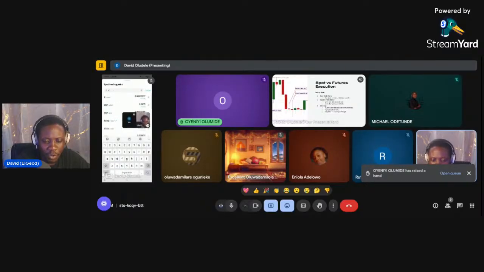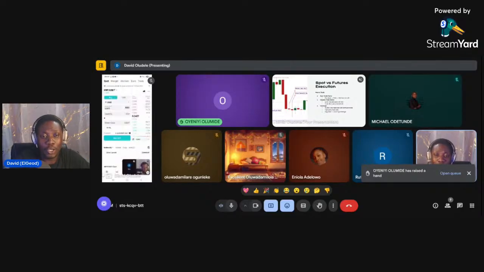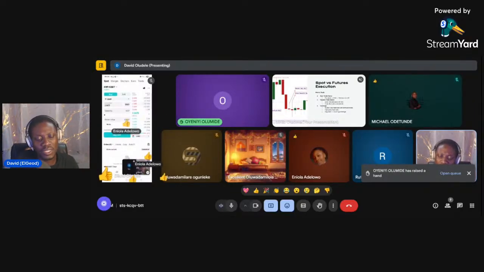I don't know if you're asking how I'm moving from pair to pair, because they are called pairs, right? XRP is the base pair, USDT is the quote pair. It's called the base pair because it's the one on the left. The one on the left is often called the base, and the one on the right is called the quote. USDT is used to buy XRP, and XRP is sold to get USDT, and that's very, very important, right?